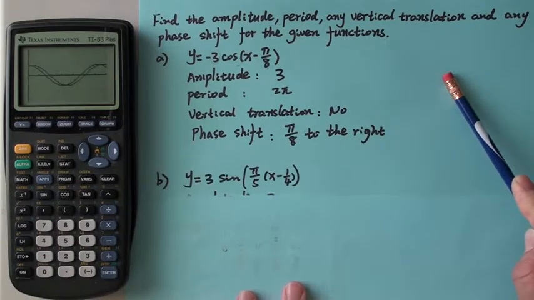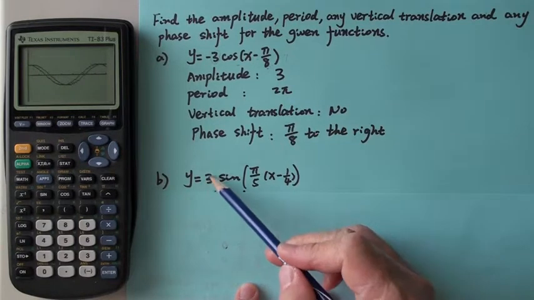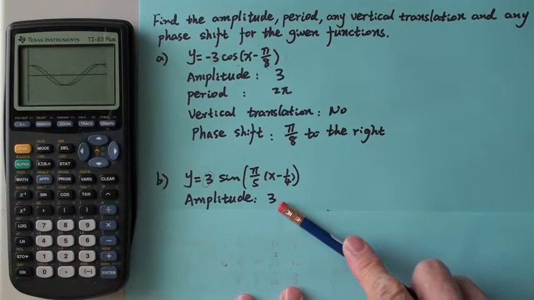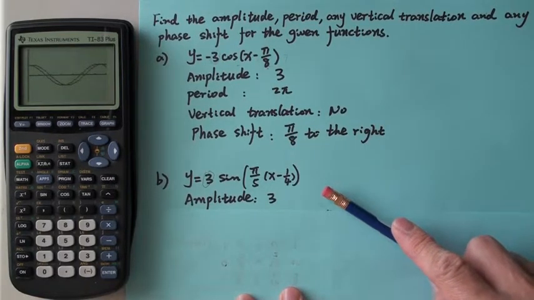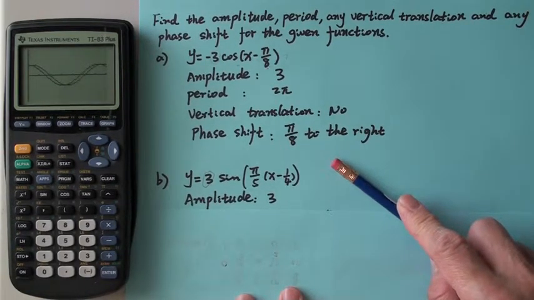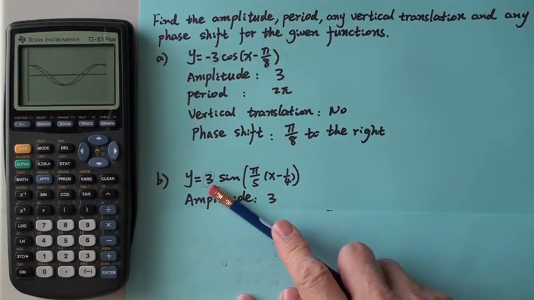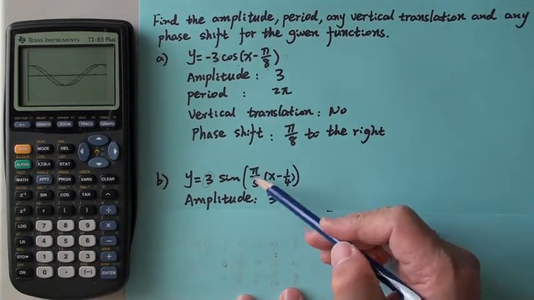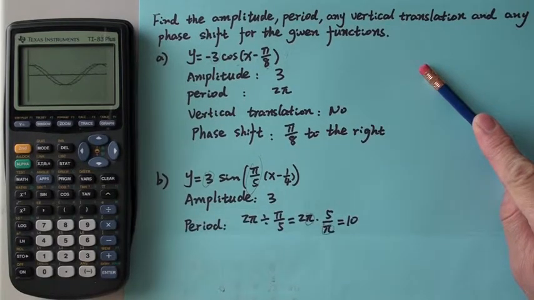Now let's look at this one. This one again is 3, so the amplitude is 3. It stretches the picture vertically, from 1 to 3, and also from negative 1 to negative 3. Now, the coefficient here is pi over 5, so the period will be different.